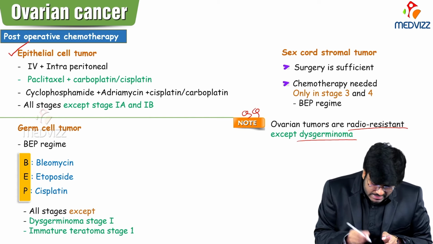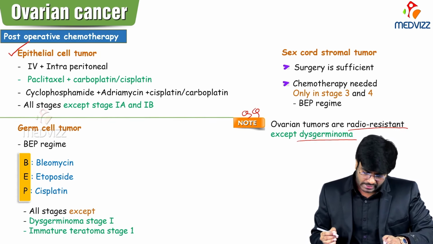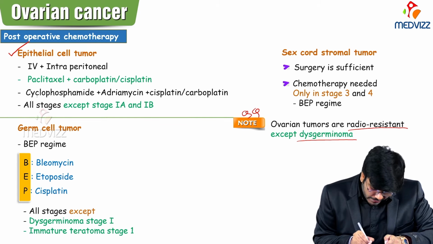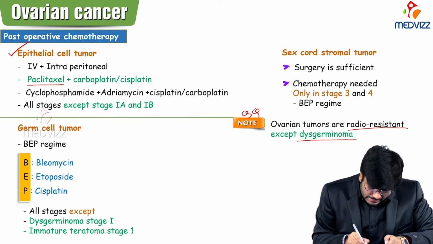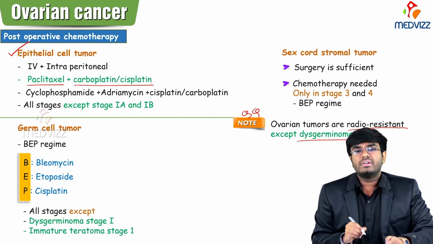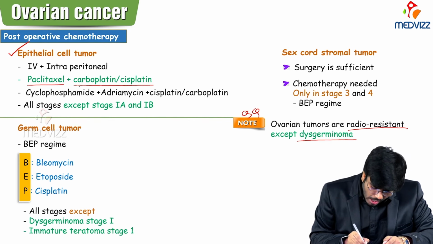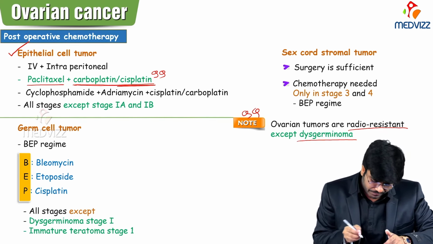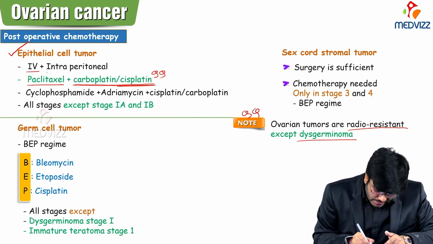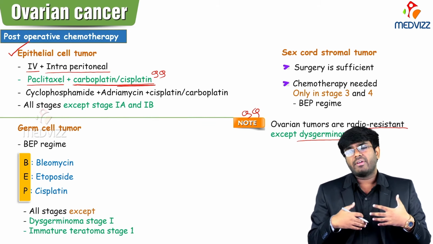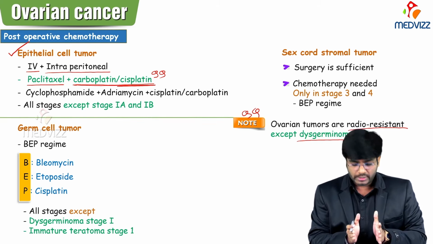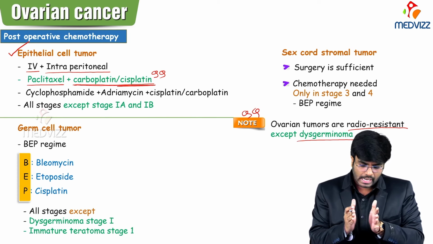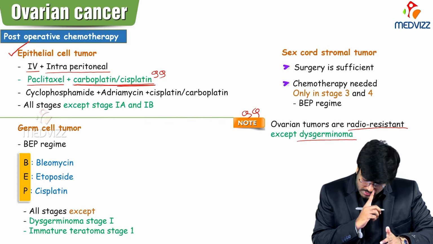If it is an epithelial cell tumor, we are going to give paclitaxel along with the platin group of drugs, which includes carboplatin or cisplatin, either via IV route or intraperitoneally, for almost 6 cycles.